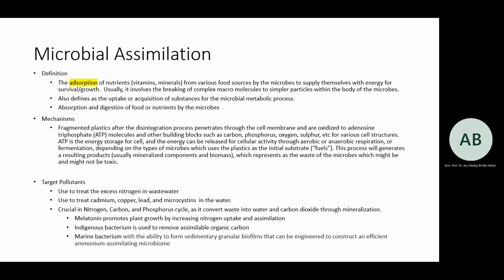So the term assimilation is basically the metabolism of the microorganism, where it consumes the nutrient to convert it into energy, which is actually good. And then the mechanism, because in the next slide we have the picture.